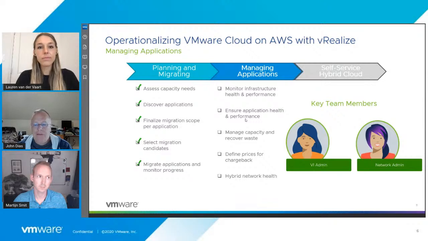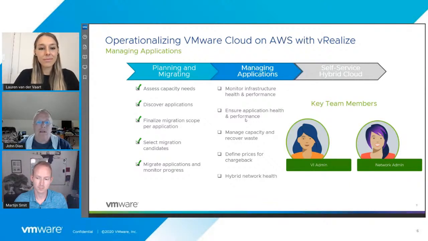Right. And so we're doing everything in an application context. We're going to make sure that our applications are running healthy or better than they were from a performance standpoint on premises. We're going to look and see how our VMC environment is doing, our SDDC is doing in general. Do we have enough capacity?